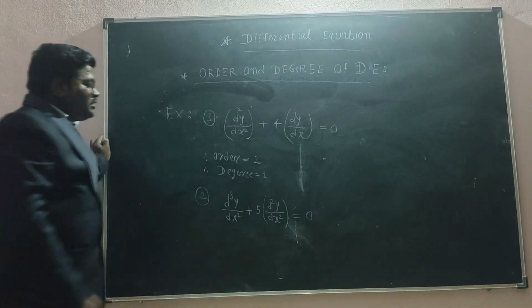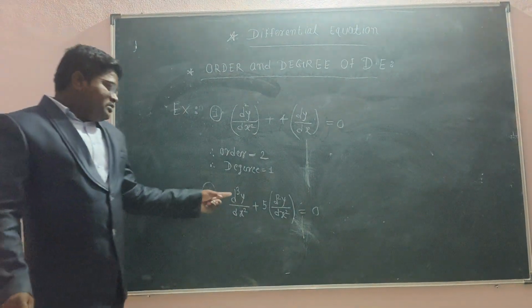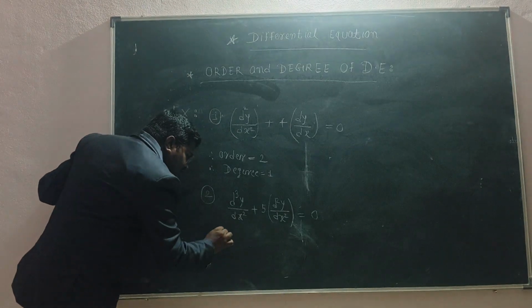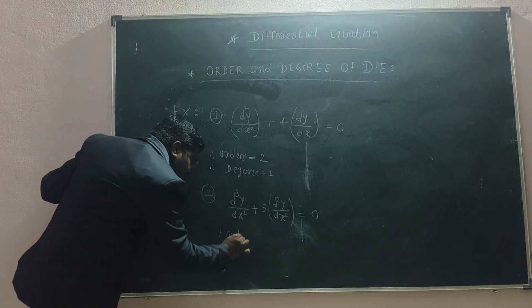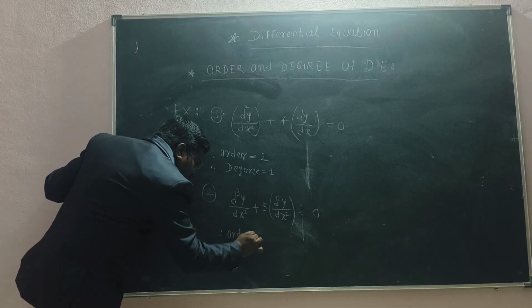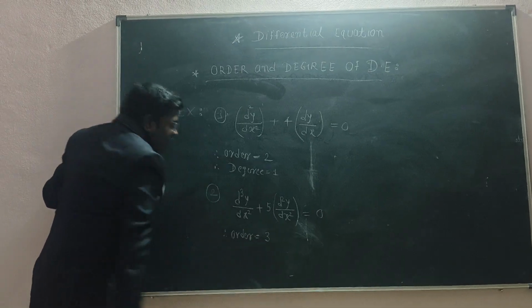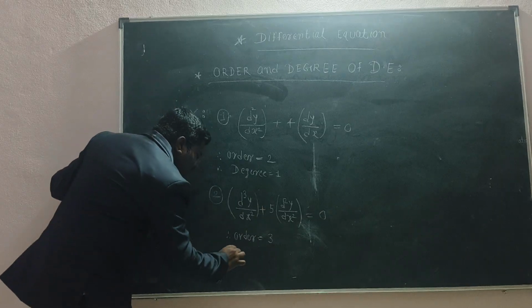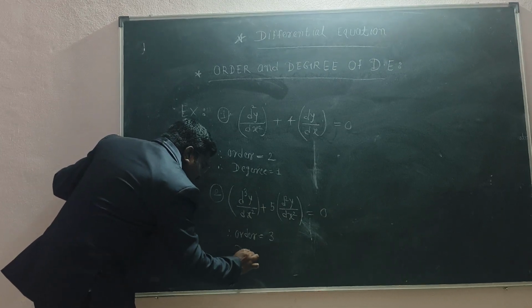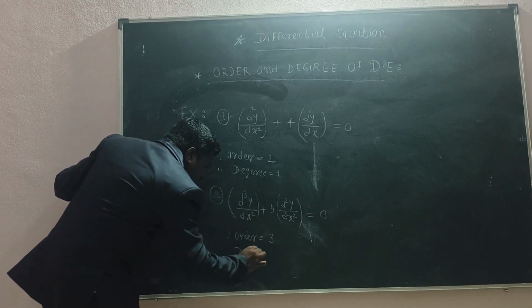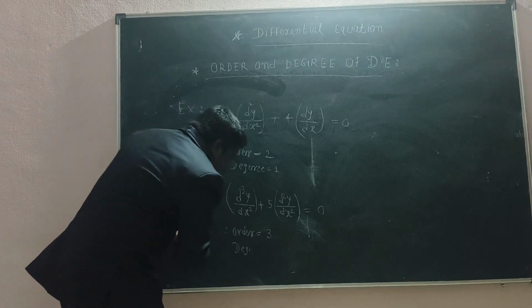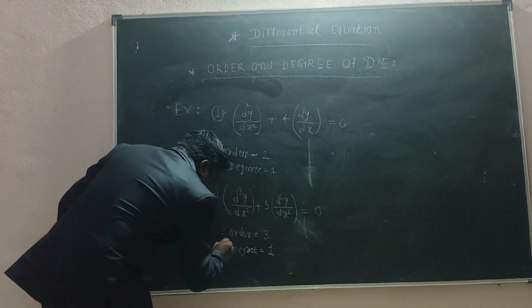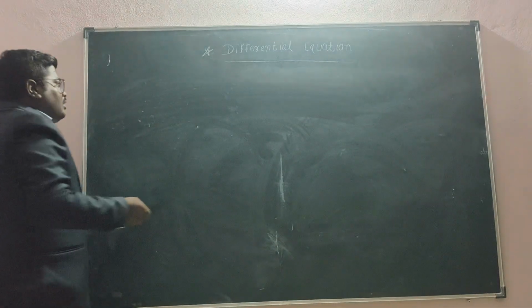In this equation, the highest order derivative is 3, so the order is 3, and the power of the highest order derivative is 1. So the degree is 1.